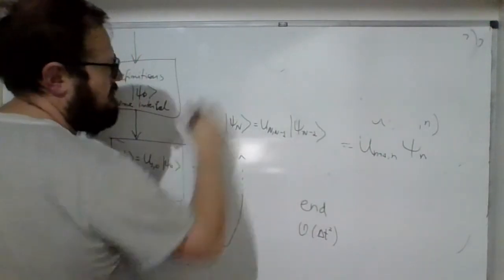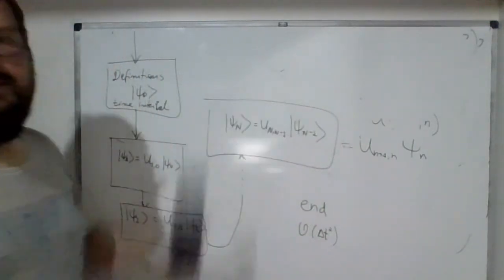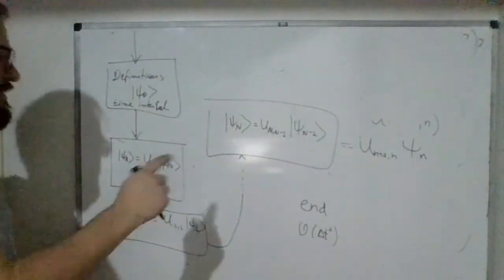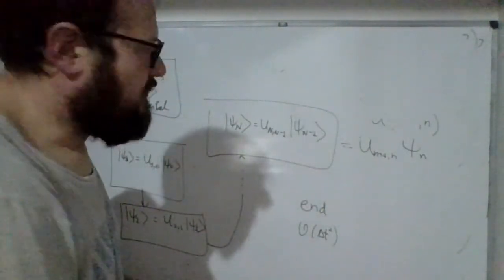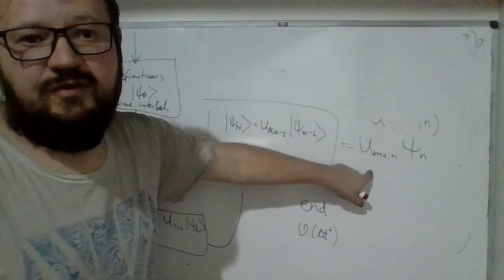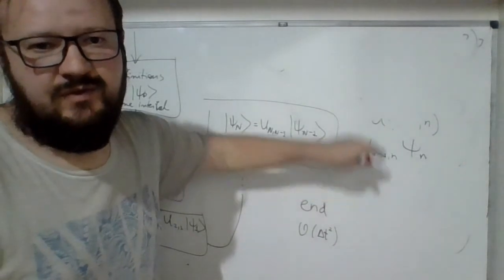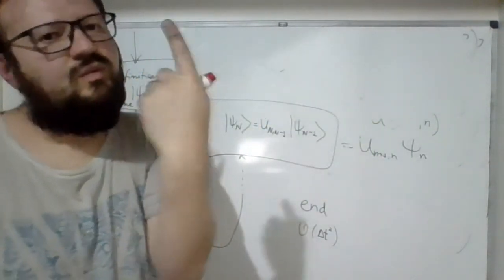All right, so you reach the final step of your algorithm. You'll keep applying it. So if your evolution operator is a constant in time, you need to calculate it just one time.